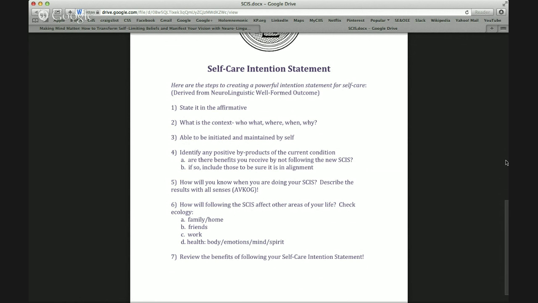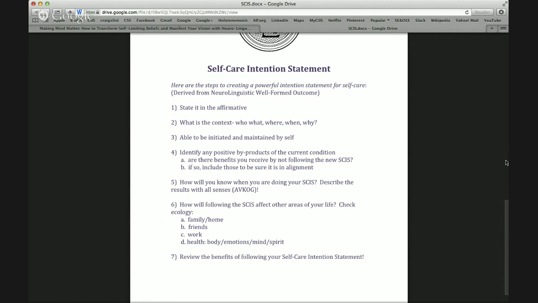And as a side note, there is a tool also in neurolinguistics that we could work on in the workshop called parts work. And they also use this in drama therapy and gestalt work and things like that, where there's parts of us that want to stay where we're at, and there are needs that are being fulfilled by those parts.